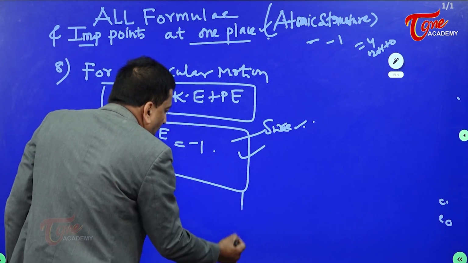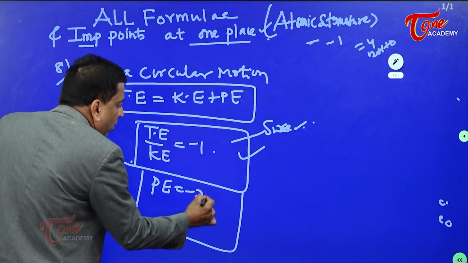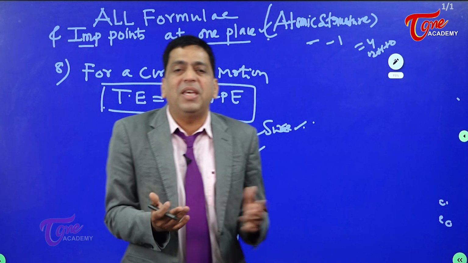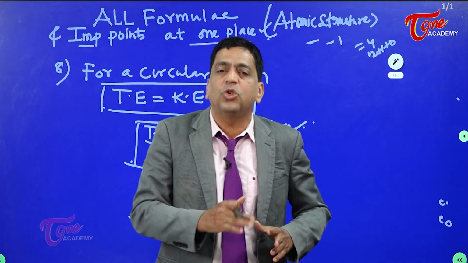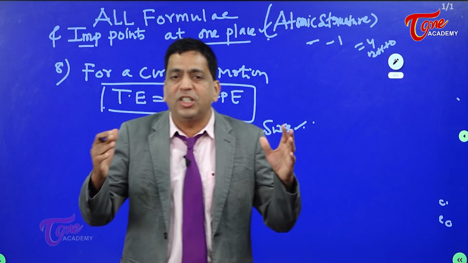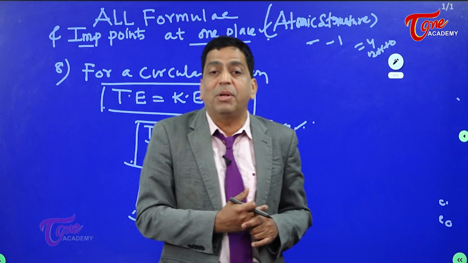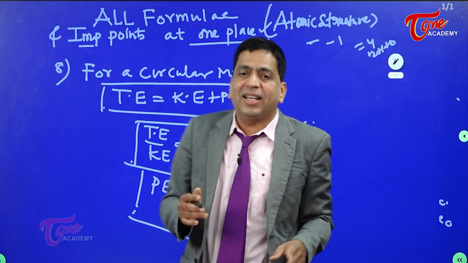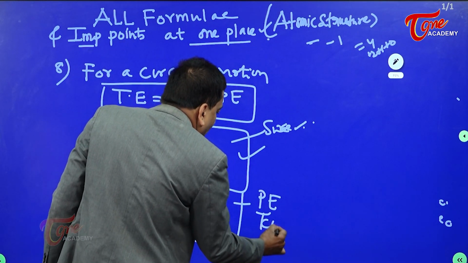Suppose he is asking the potential energy and kinetic energy relation, then the potential energy P is minus 2K. Potential energy is always minus because you are spending work or energy, so it will always be minus.